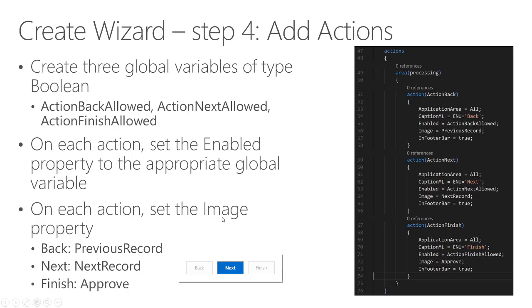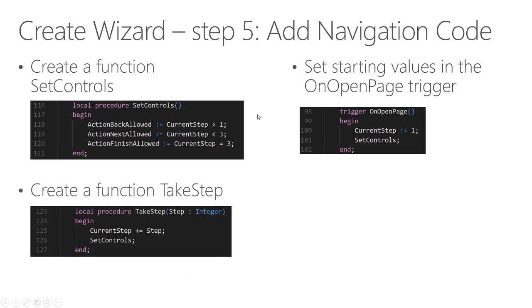So on each action, set the image property, previous record, next record, approve, and then the next step is to put a set controls function in there where you say action back allowed current step is greater than 1, because if it's 1 you can't go back, right? It's only if the step is 2, if you're on step 2 you're supposed to be able to go back to step 1.